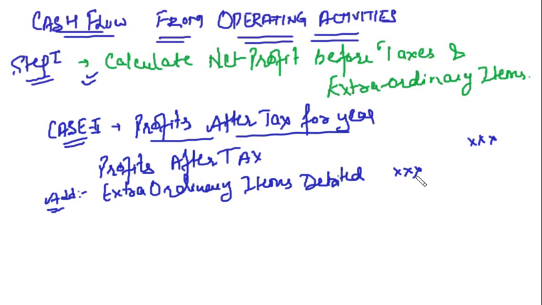So, does creating a provision for taxation create an actual cash outflow or inflow? For that particular year, for the current year, we are creating a provision for tax. But is it involving an actual cash inflow or outflow? Just tell me.